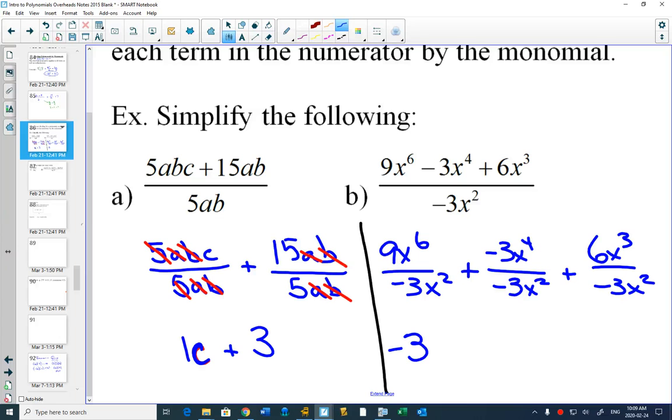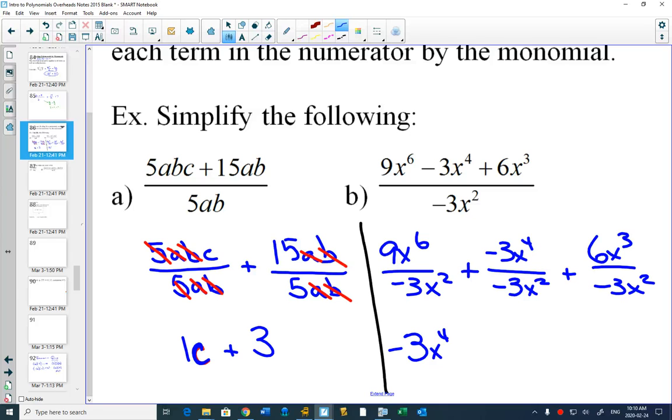How many x's are going to be left? There's going to be 4 x's left. Are they going to be in the top of the fraction or the bottom of the fraction? On the top. So we can just write negative 3x to the 4. When everything goes away on the bottom, it would technically be over 1, but you don't need to write that over 1. You could just write negative 3x to the 4.